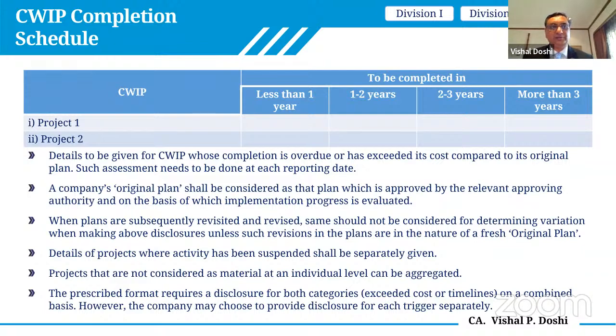Since there are two requirements, one is projects where there are time overruns, projects where there are cost overruns. The guidance note suggests that you should have two tables, one for time overrun and one for the cost overrun. And you have to determine, let us say hypothetically, that there is some project which is to be completed on 1st of March, but has not yet been completed.